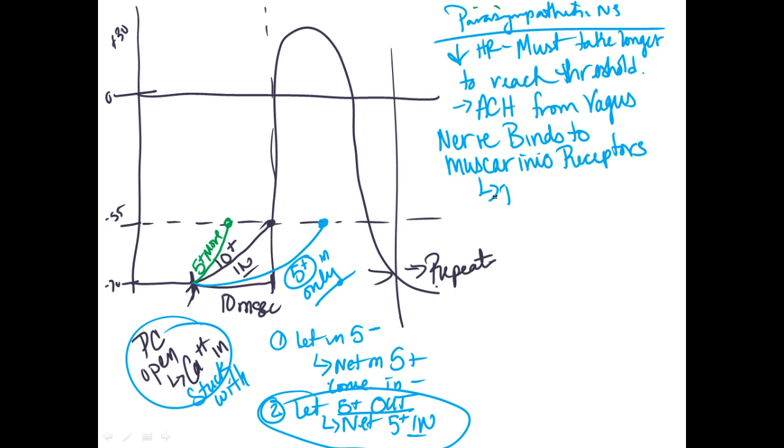This results in opened channels, which increases outward potassium permeability.